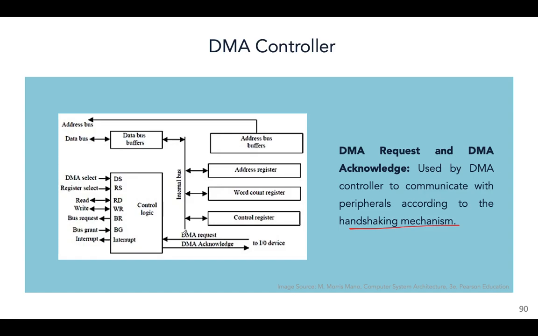This line is used by the IO device to indicate to the DMA controller that this device now needs to access the memory, either to read something from the memory or write something into the memory. When the DMA controller receives a request from any IO device, it sends out an acknowledge signal to indicate to the device that its request has been received by the controller.